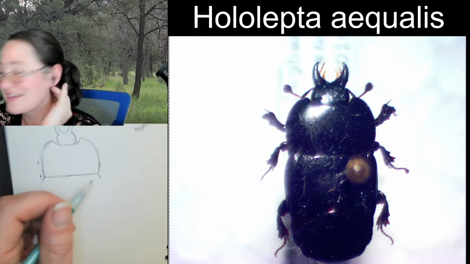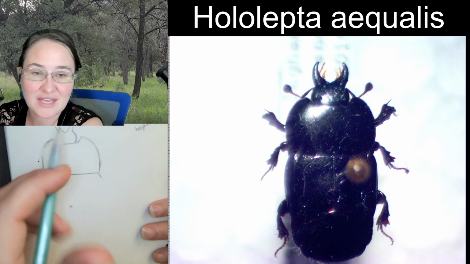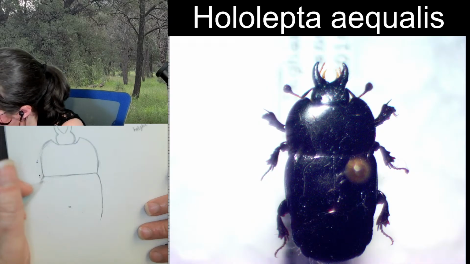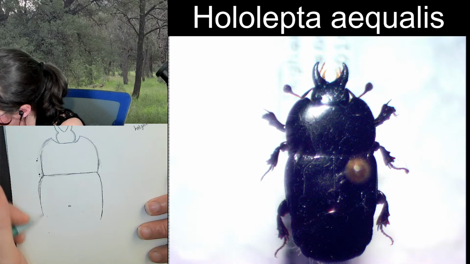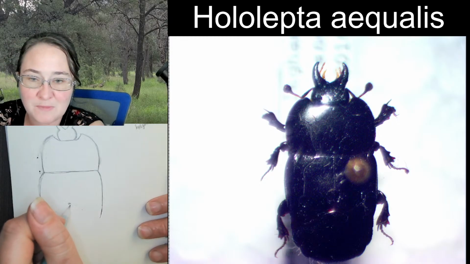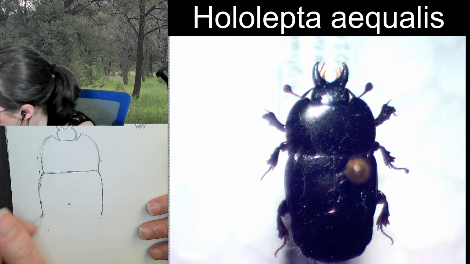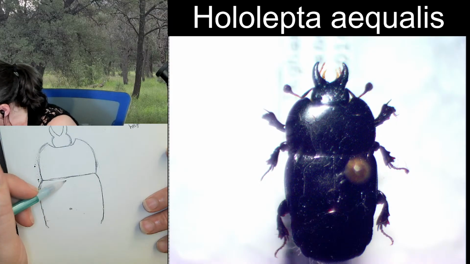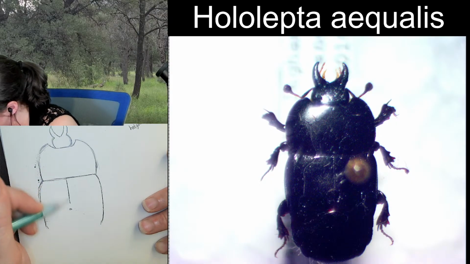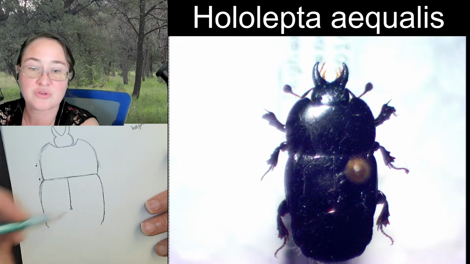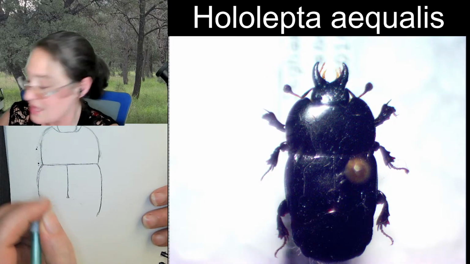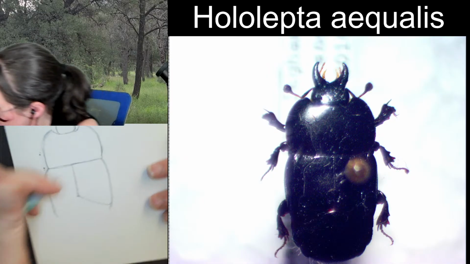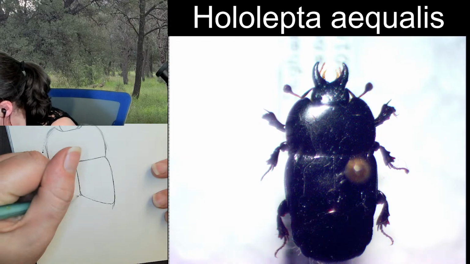I'll show you why. These lines on the edges come down and run parallel, and I want to make sure that they go at least past this dot here, but a little bit wider is going to be great. That center line goes down to where your mark is, and then the elytra, and we are going to be modifying this, but I want to show you what it looks like.